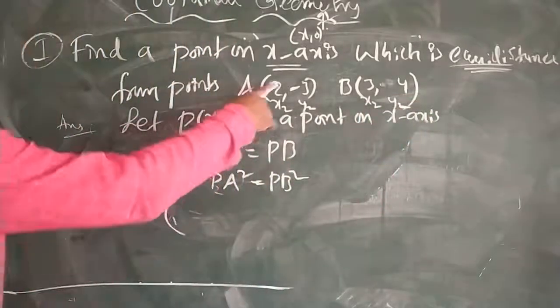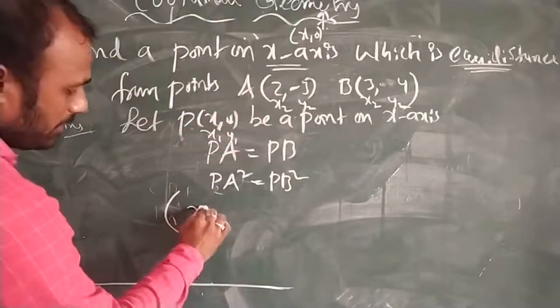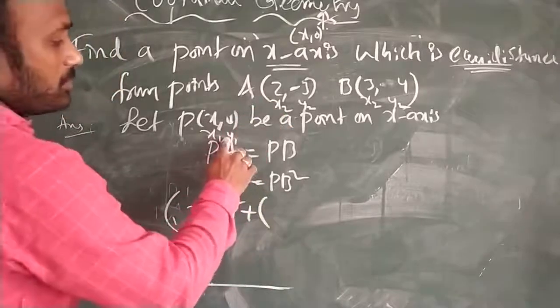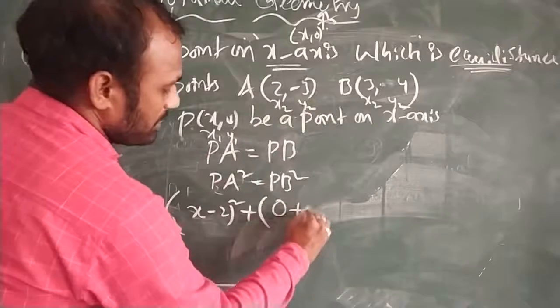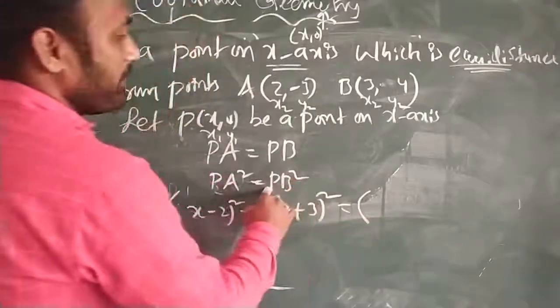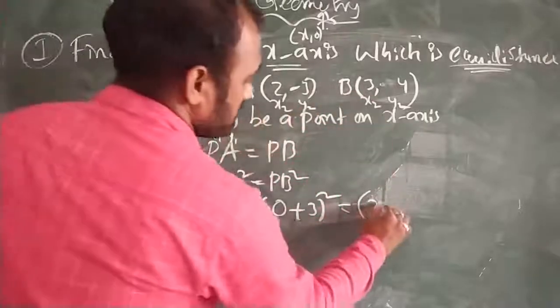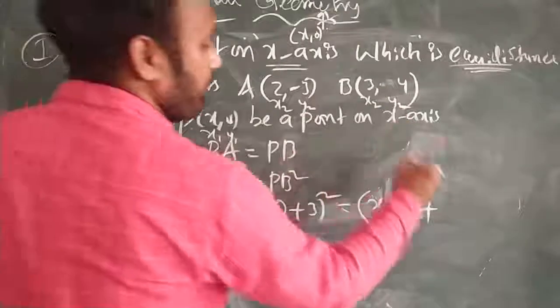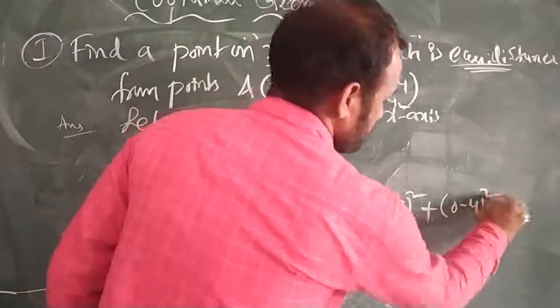This is x1, y1 and this is x2, y2. So (x1 minus x2) whole squared, that is (x minus 2) whole squared, plus (0 plus 3) whole squared equals (x minus 3) whole squared plus (0 minus 4) whole squared.